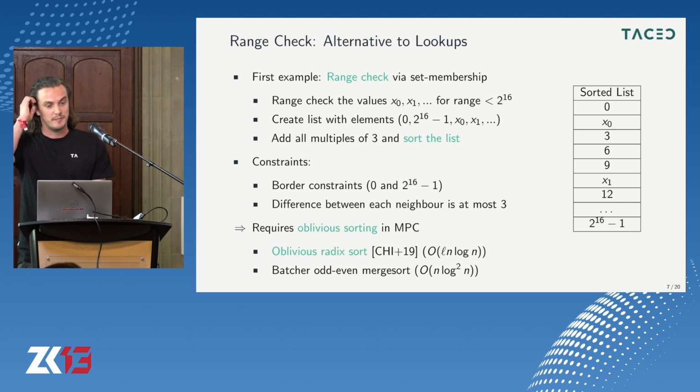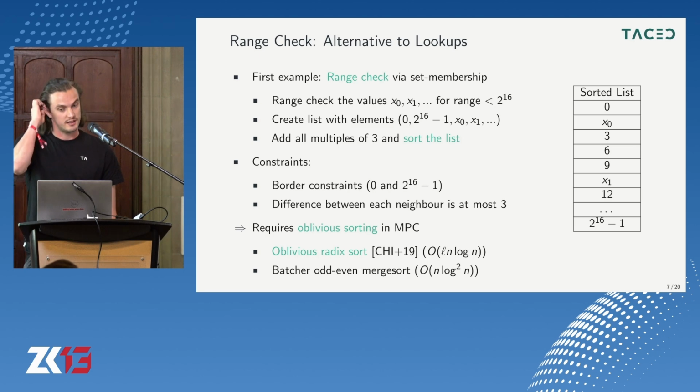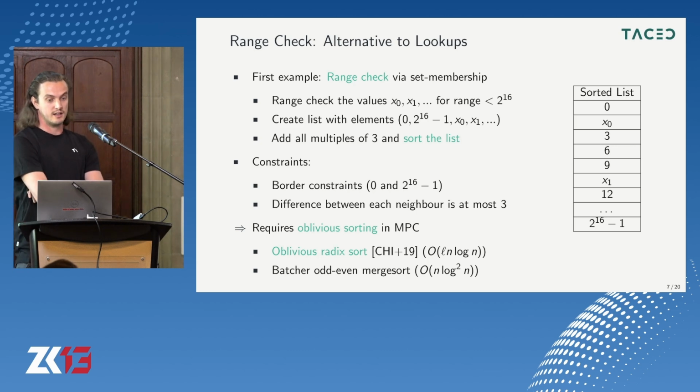Okay, so we just said range checks are a possible application for lookups, and there is an alternative for it. This is how it is done in Barretenberg, Aztec's proving backend. Say we want to range constrain some values, x0 and so on, to be in the range smaller than 16.